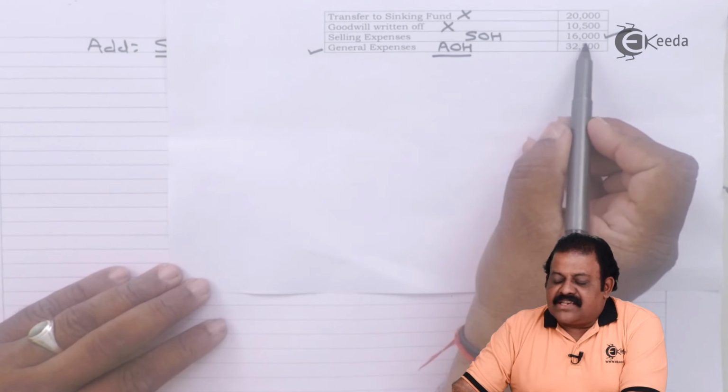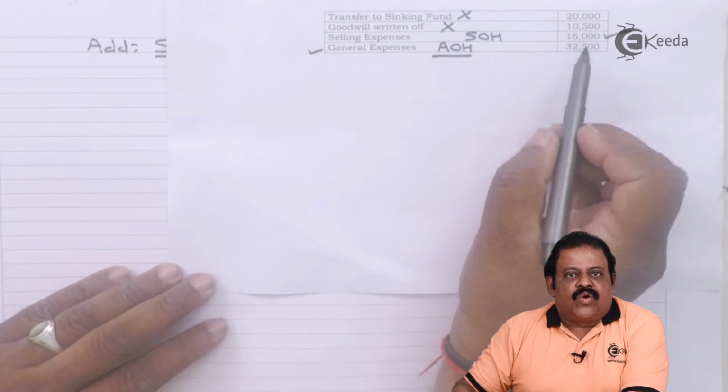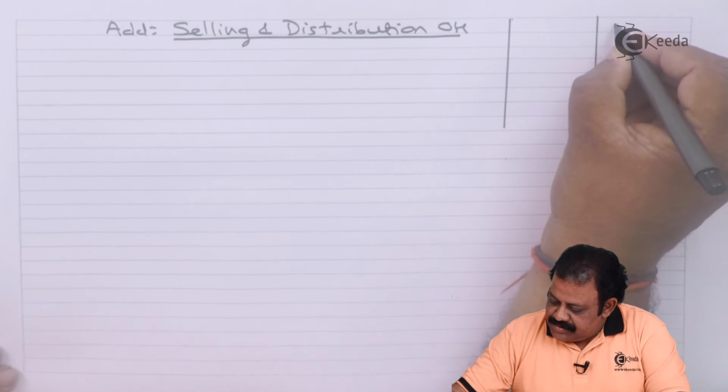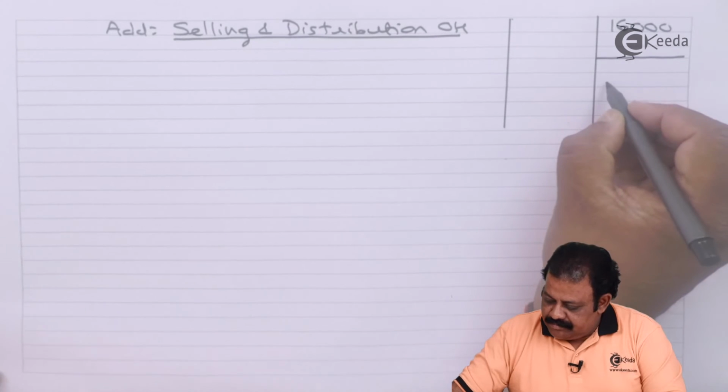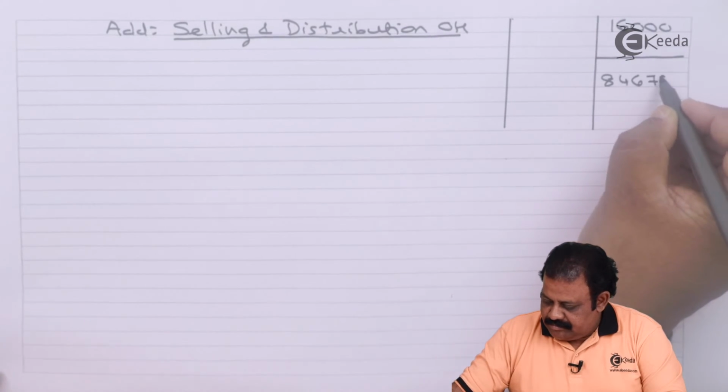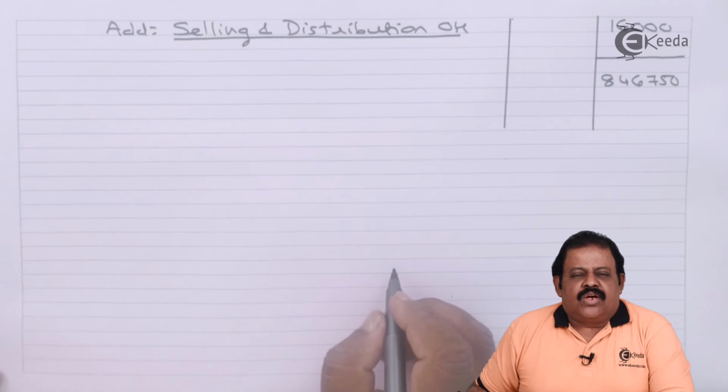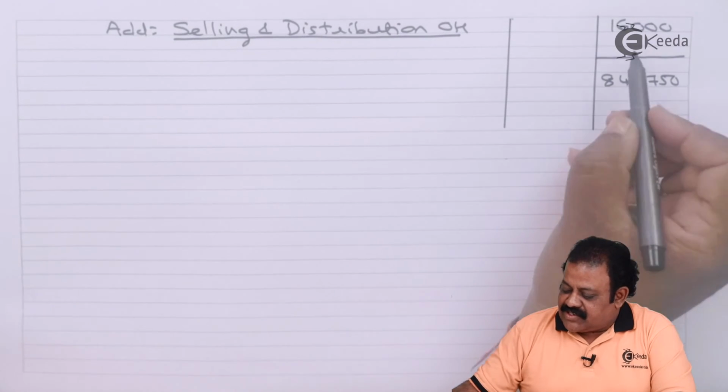Selling expenses rupees 16,000. This will be added to total cost. To the cost of goods sold we have added selling overhead 16,000.